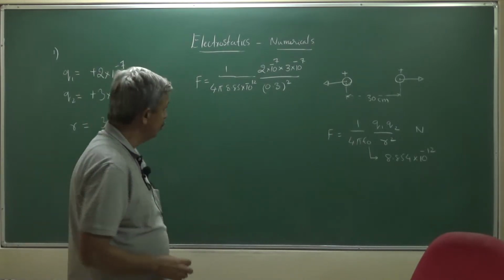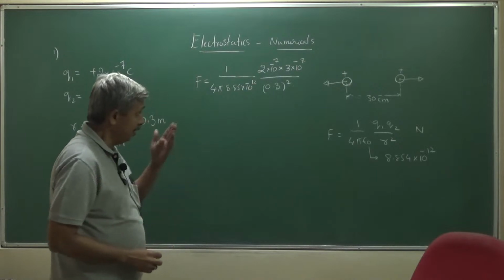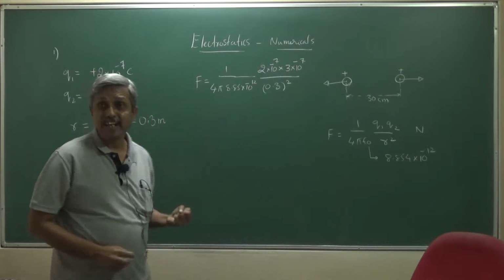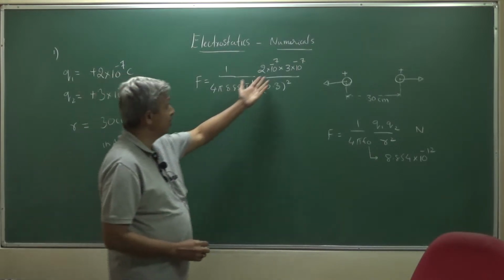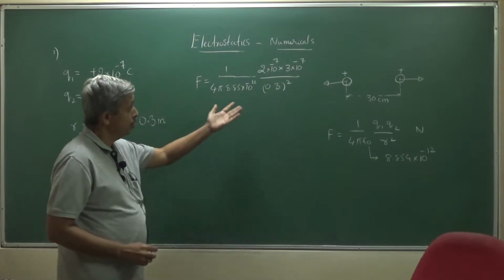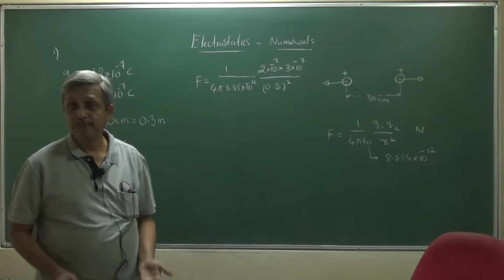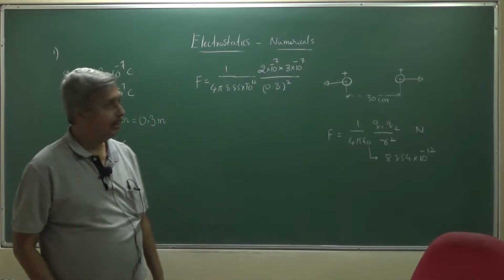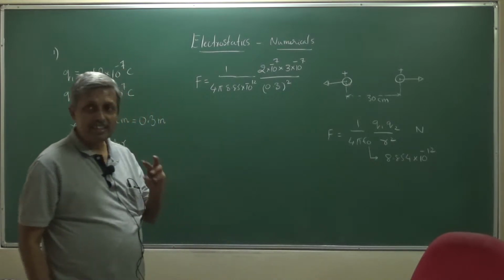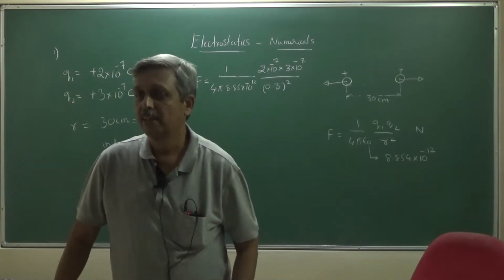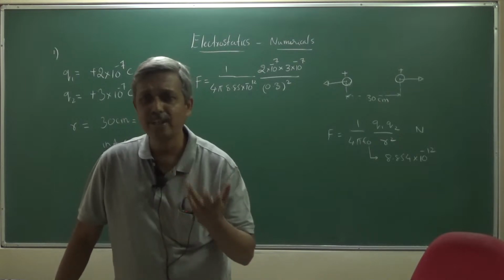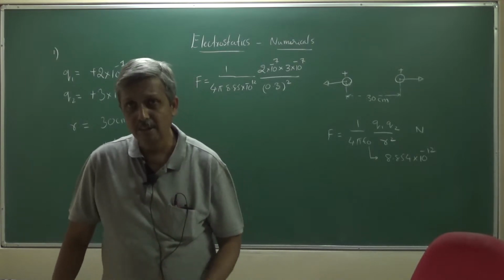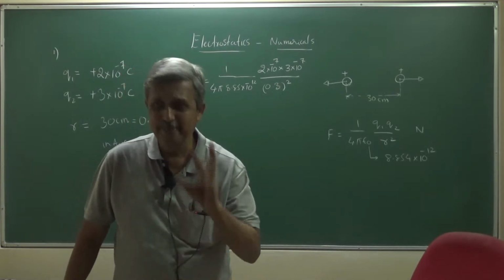Okay. So now you see, suddenly it looks very complicated. So many things are there. How do I multiply? Should I use the calculator or not? So many such questions will come into your mind. So first of all, is there any other technique that we can use here? This 8.854 and all is calculable, but a bit hard.